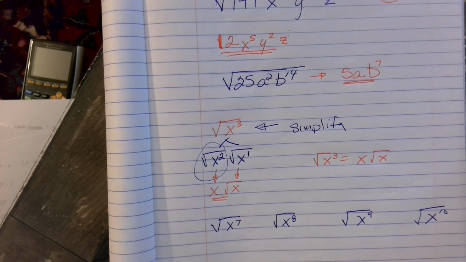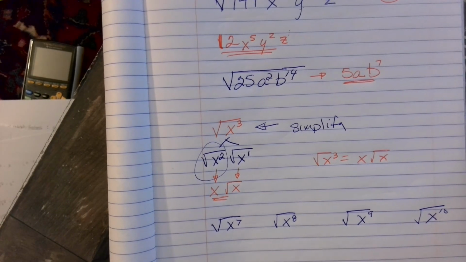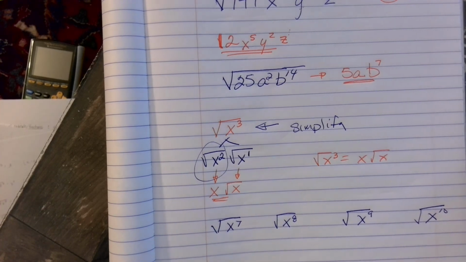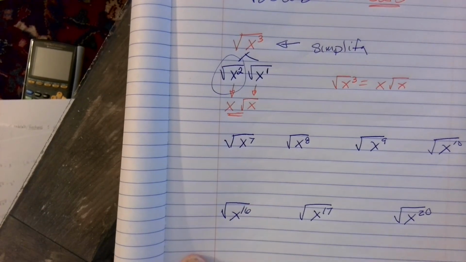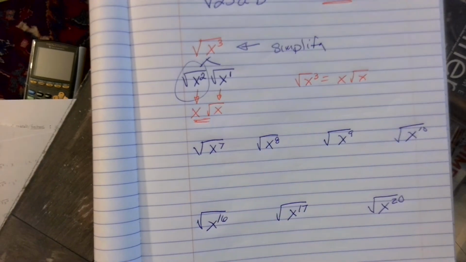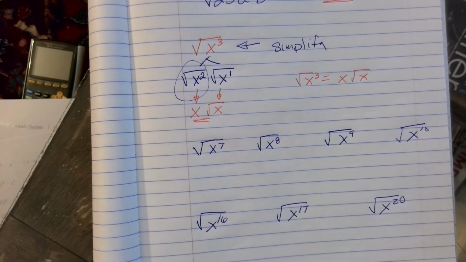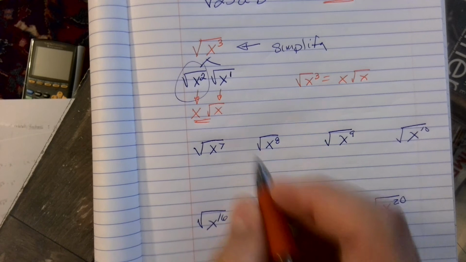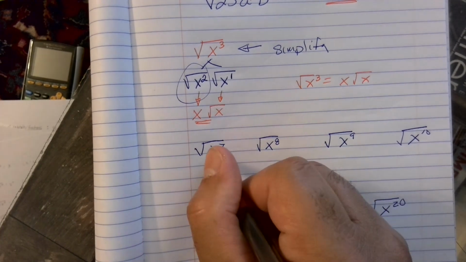The square root of x to the 17th. And the square root of x to the 20th. So why don't you pause it right now, try to do those problems, or if you want to see me do one more, watch this first one.